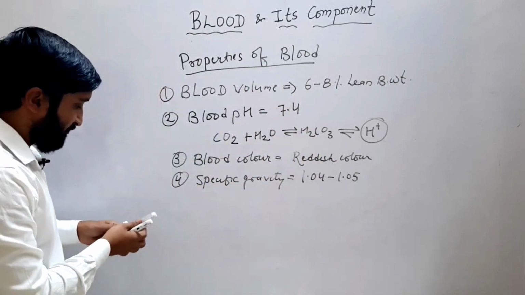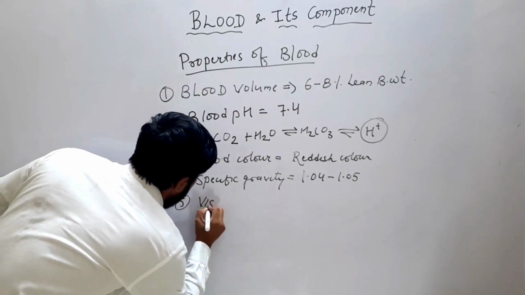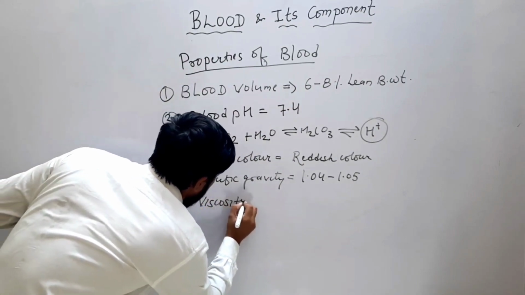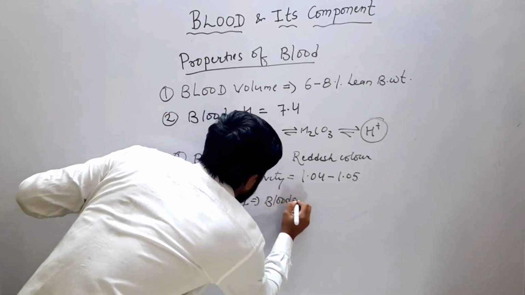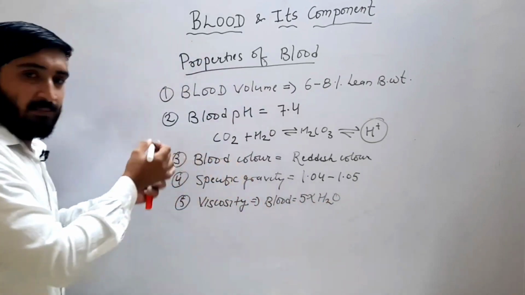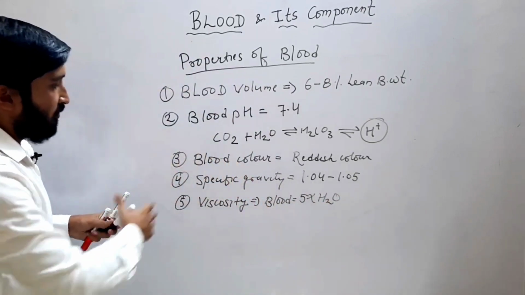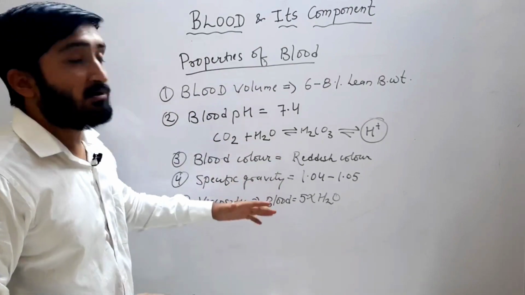And the fifth one is viscosity. Blood is 5 times more viscous than water. The RBC and plasma proteins are involved in making the viscosity of blood 5 times more than water.